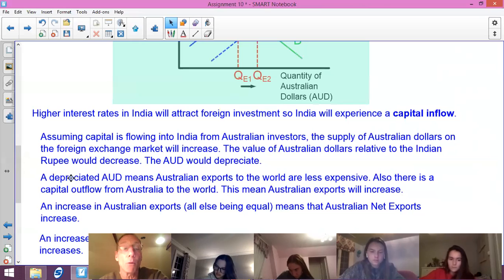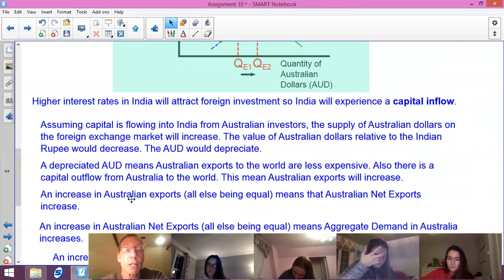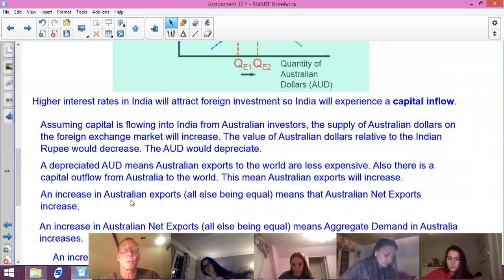This means that when you have an increase in capital outflow, you must have an increase in net exports. So if there's an increase in Australian exports, mainly because their exports to the world are now less expensive because their dollars are cheaper, right?